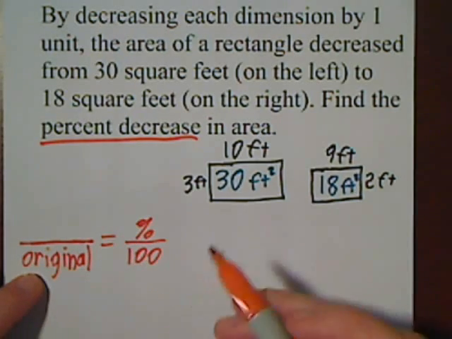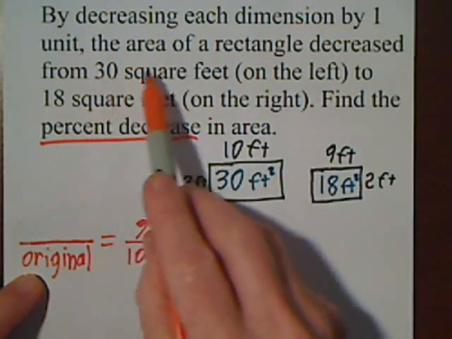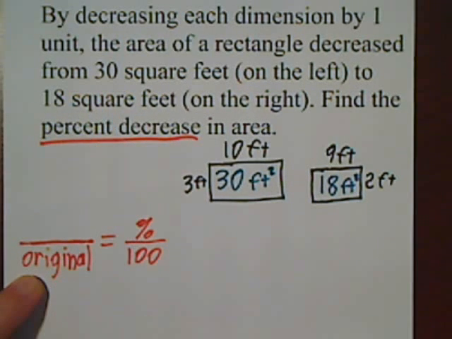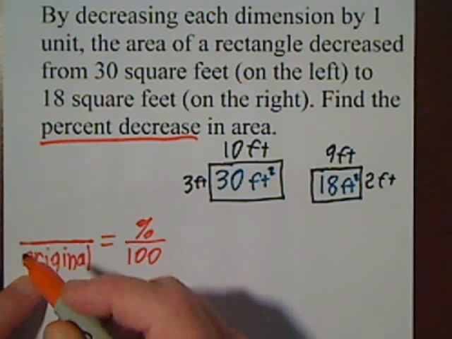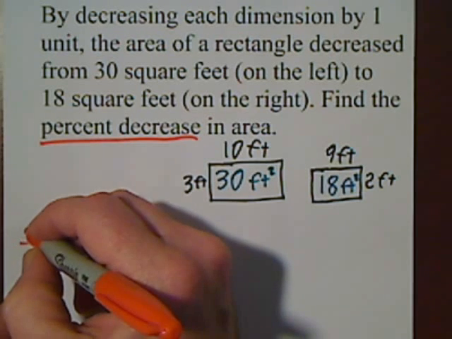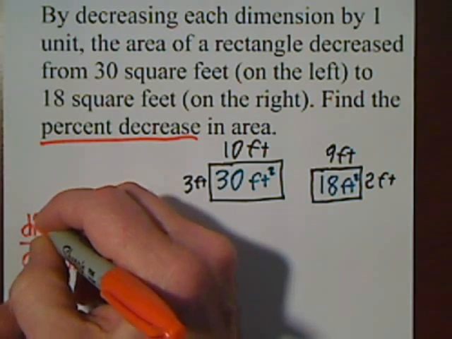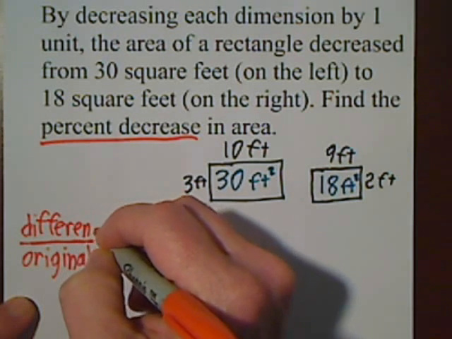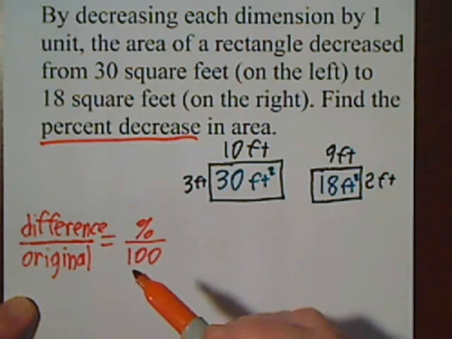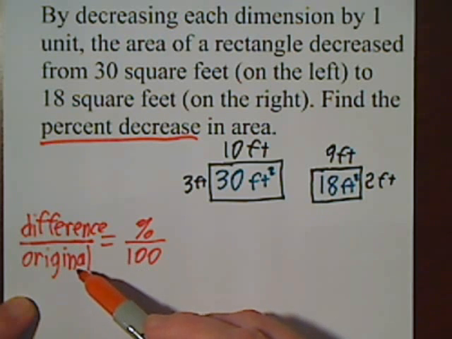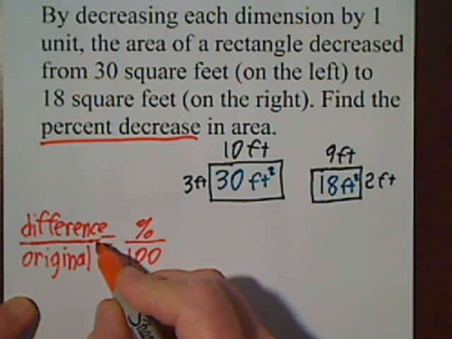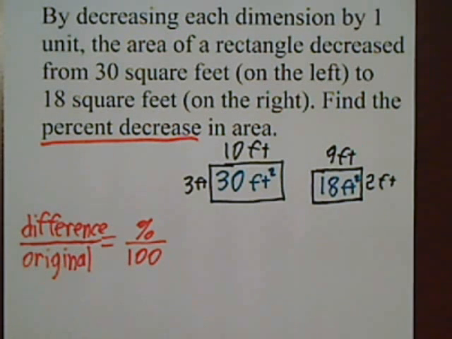Our original amount decreased from 30, so we'll end up putting a 30 on the bottom. And up top, you always put the difference. So it's difference over original equals percent over 100. Sorry that got a little scrunched in there, but that's what you got.